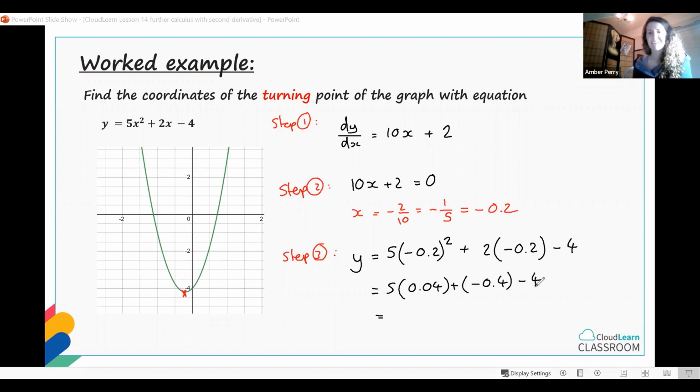And that is going to be 0.2 minus 0.4, which is minus 0.2, 3.8, I think. No, that can't be right, can it? Let's have a look. Do put the answer in the equation if you get there faster than me.